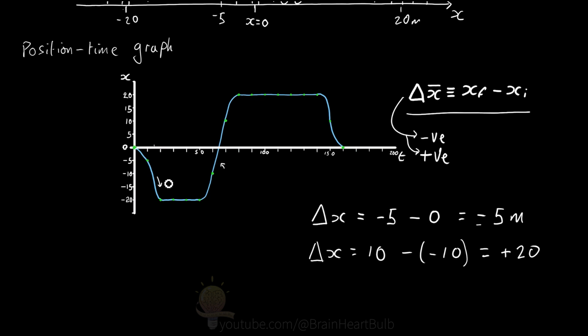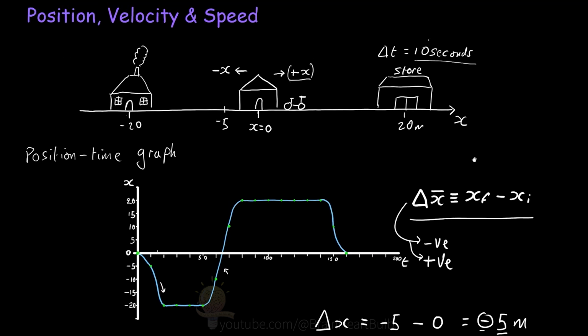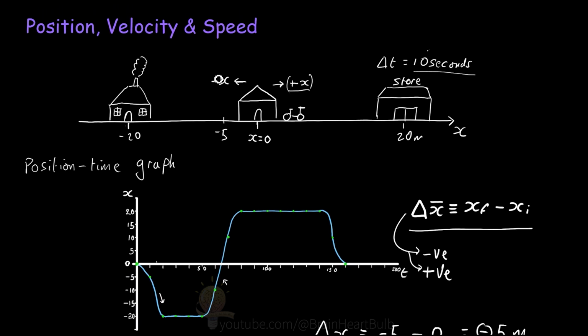Now we'll cover vectors properly in the next section, but vectors have both a magnitude, which is this value here, and a direction, which is represented by the sign. Now if we go back up to our diagram at the top here, we can see that direction is depicted by the direction of our values on our x-axis.